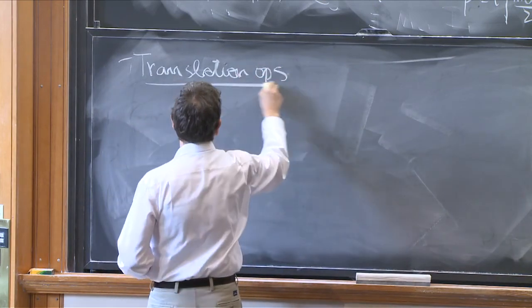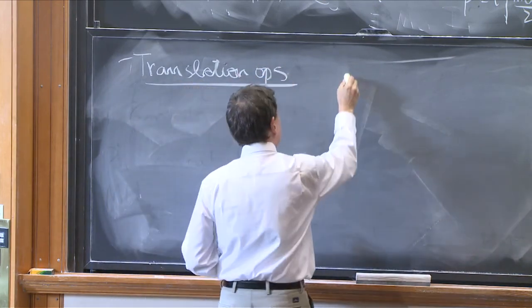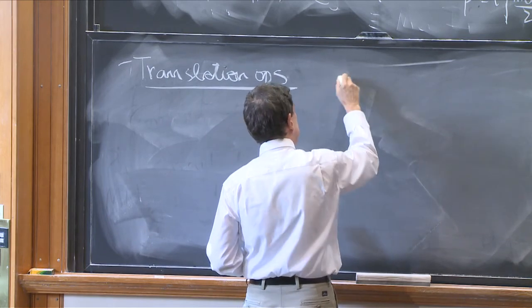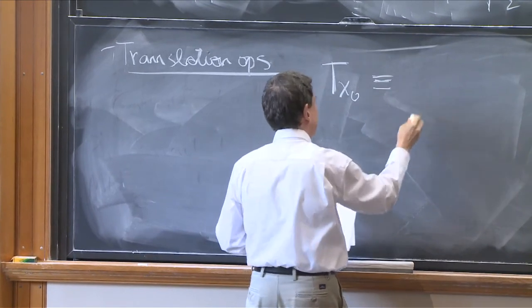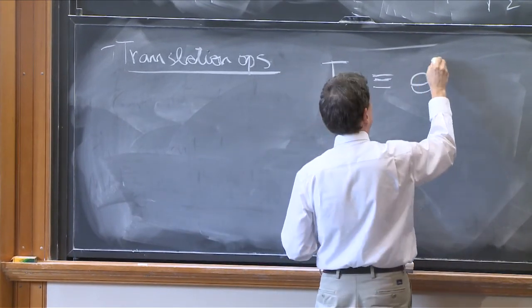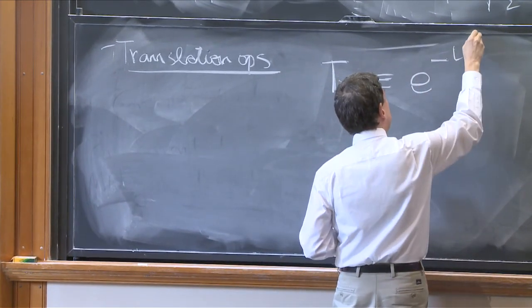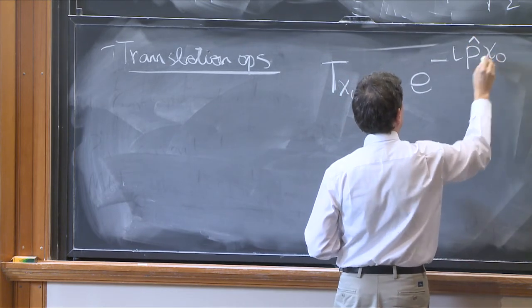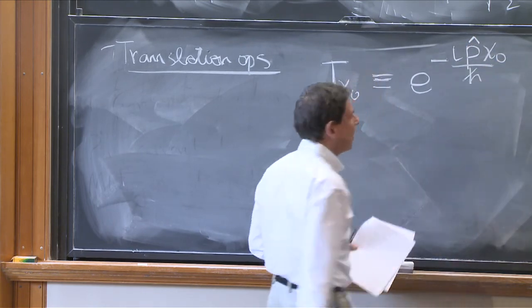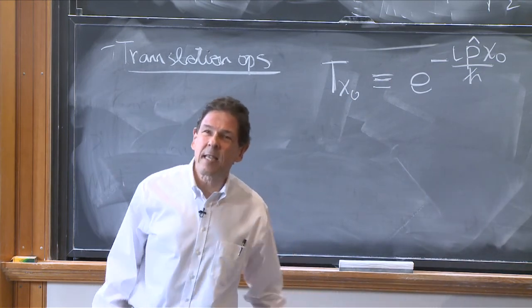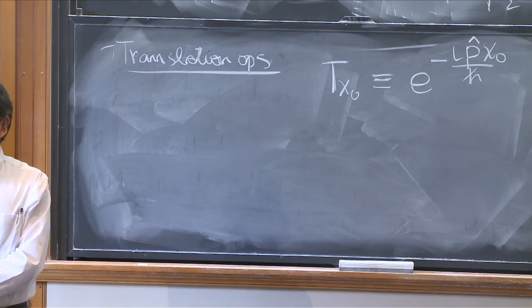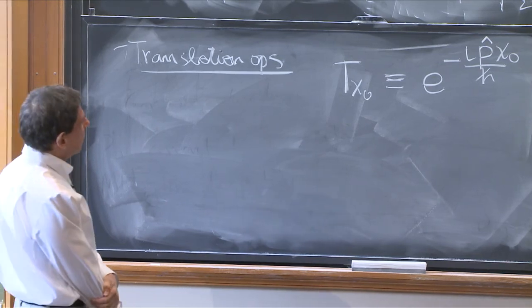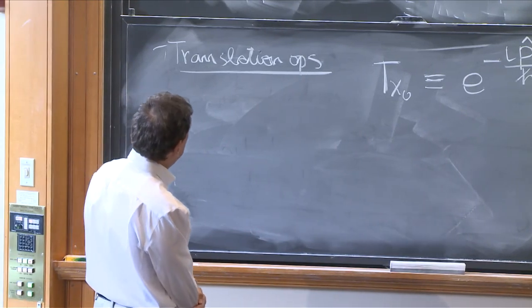This translation operator that I will write as T sub x0 will be defined to be the exponential of e to the minus i p hat x0 over h bar. You have seen such operators before. We've seen a lot of them in the homework. So first of all, why is it unitary?